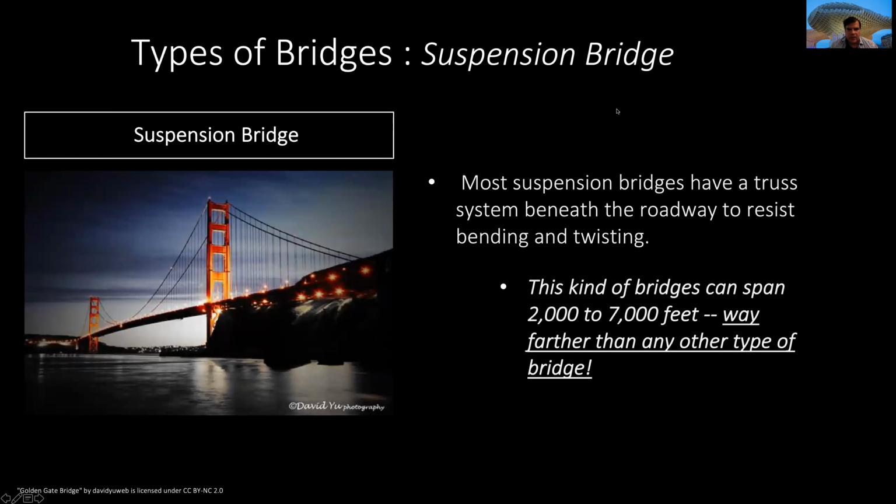Suspension bridges are the ones that sometimes have trusses in the roadway that are supported by cables. The idea of the suspension bridge is that you have, for example, a pier and another pier, and you will have here the deck, and to support the deck, you have a cable, and from the cable, you have secondary cables that are hanging.